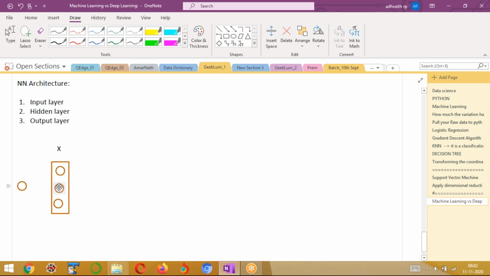That means 3 places are occupied. Imagine you have 100 rows into 3 columns. The dimension of this input is 100 rows by 3 columns.